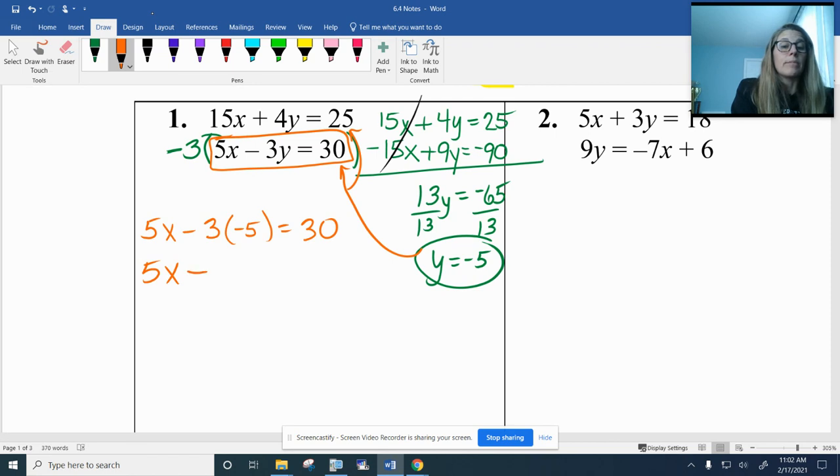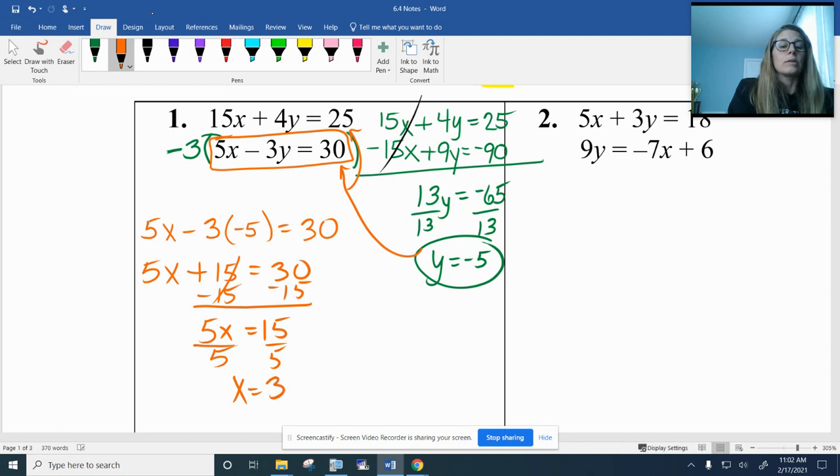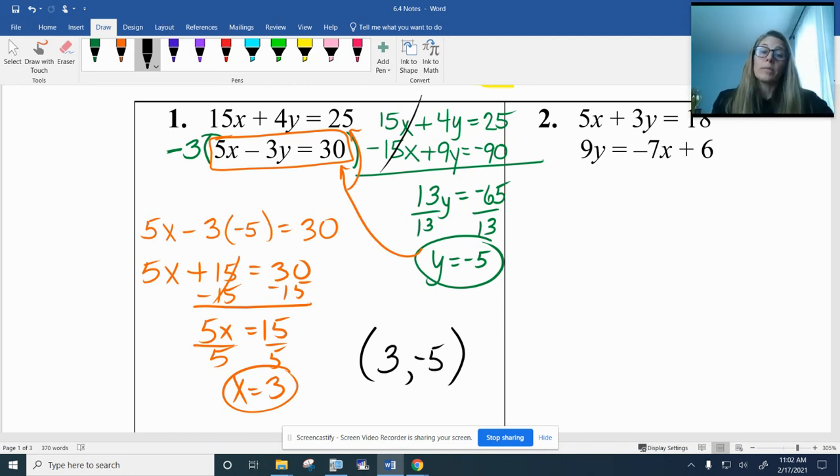Negative times negative is a positive 15. Subtract, because you want to get that x by itself. And divide, and we get x equals 3. So then we write our ordered pair solution, making sure your x value always comes first and your y value always comes second.